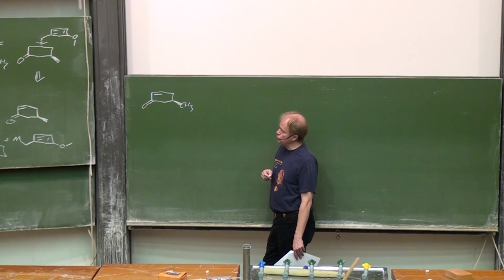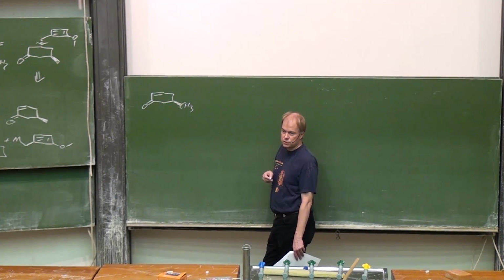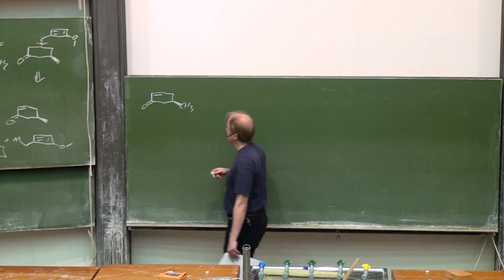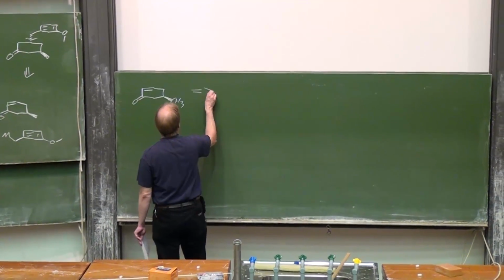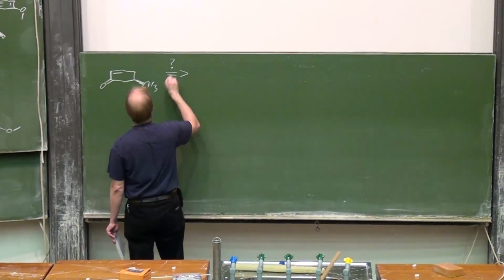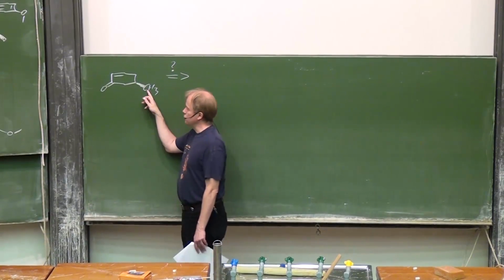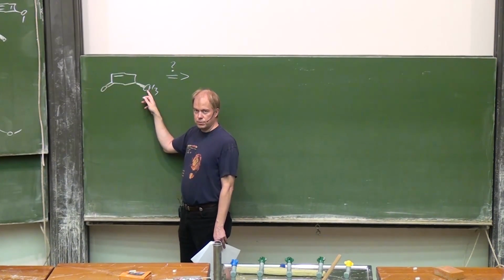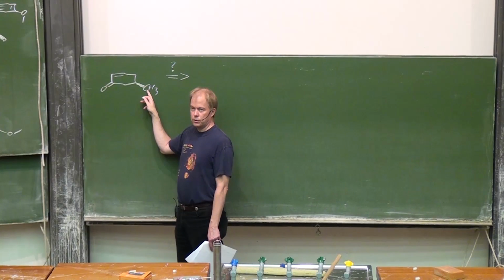Well, let us assume that we try a racemic synthesis, don't care about the absolute stereochemistry here. So, what about this idea, introducing that methyl group also through a conjugate addition reaction?